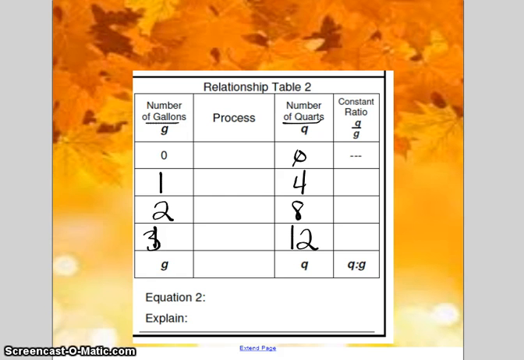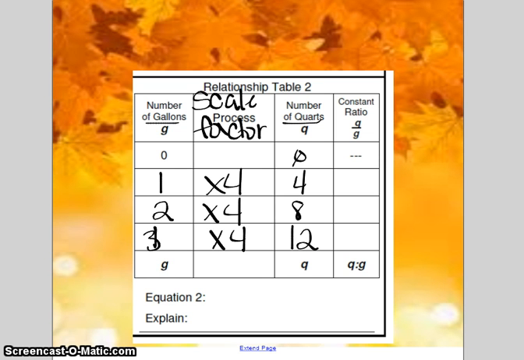Now I'm going from a smaller number to a bigger number, so I'm multiplying. So my scale factor is what I need to look for, or my process. If I go from 1 to 4, I'm multiplying by 4. If I do 2 times 4, that should give me 8. 3 times 4 will give me 12.